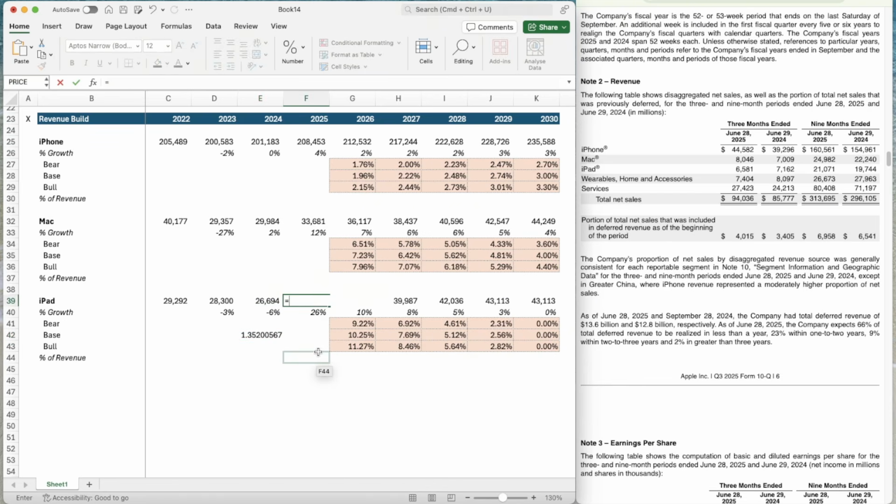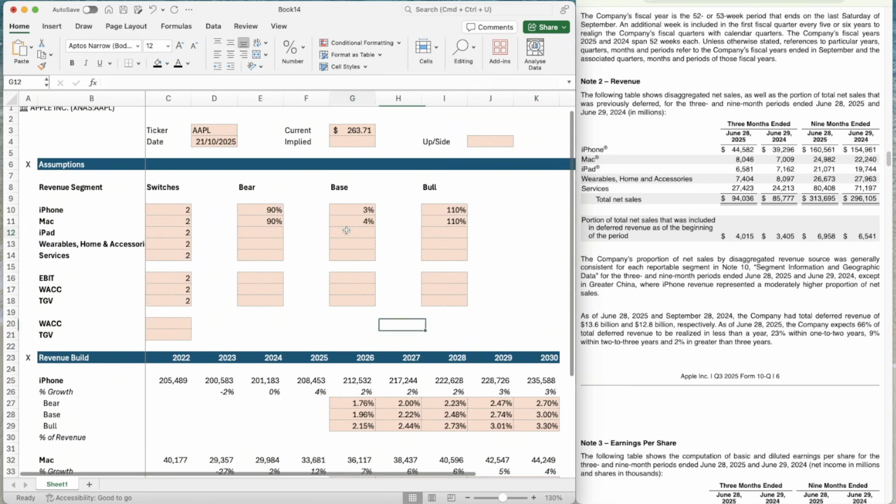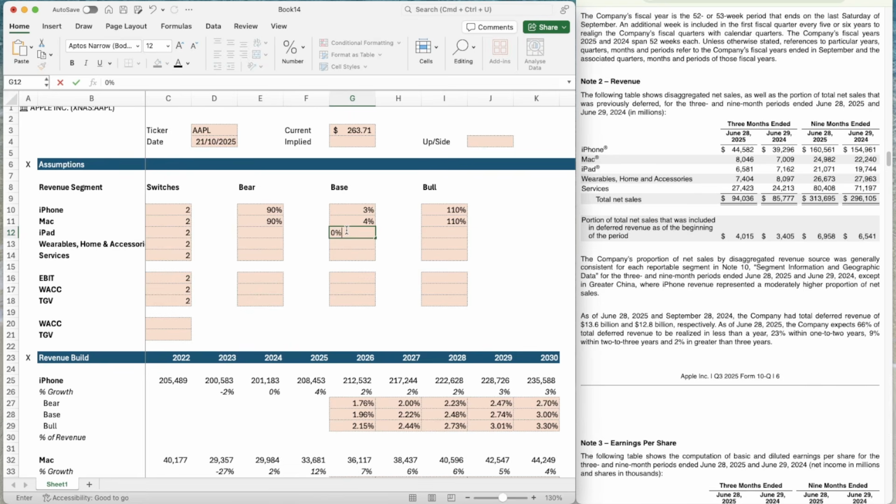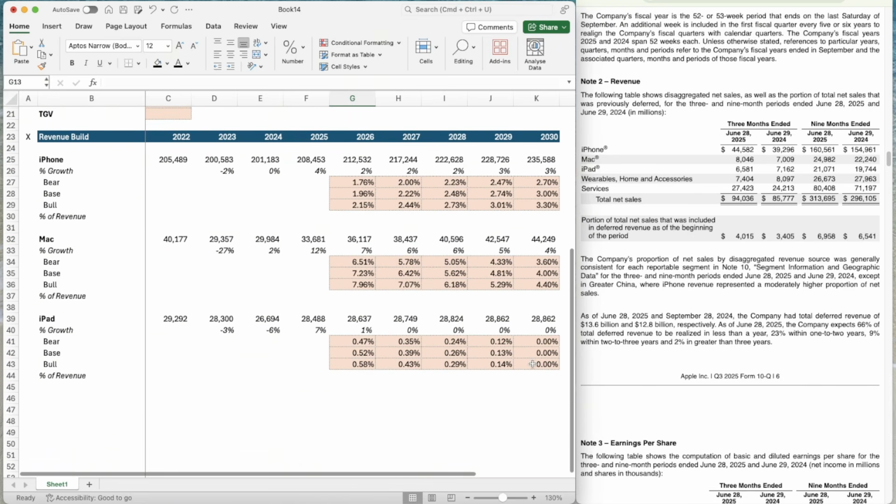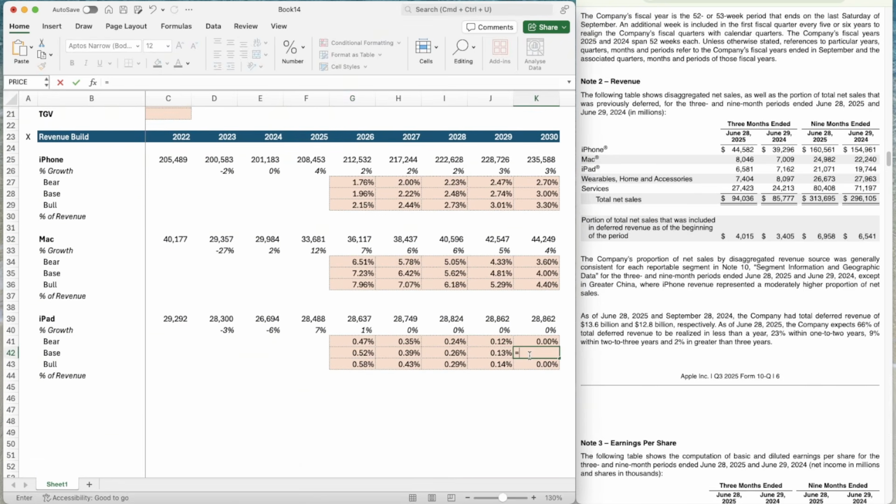So it all seems to be about the, I guess it's obvious that they would do better in the last quarter of the year because of Christmas. I think we can leave that at 0%. It's difficult to see the iPad having, say, exceptional growth.